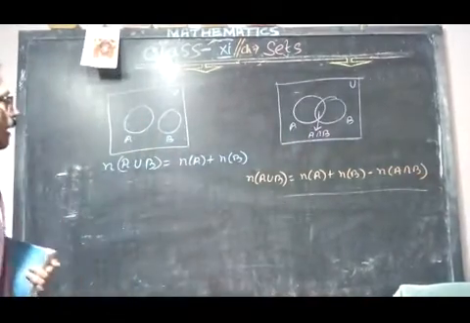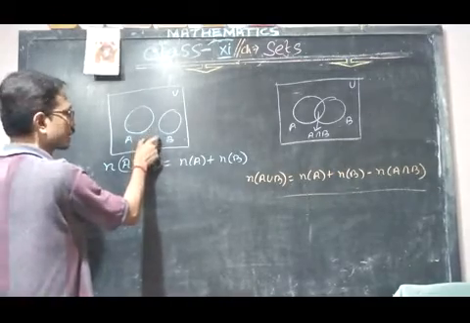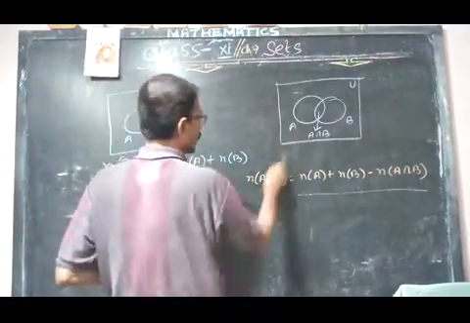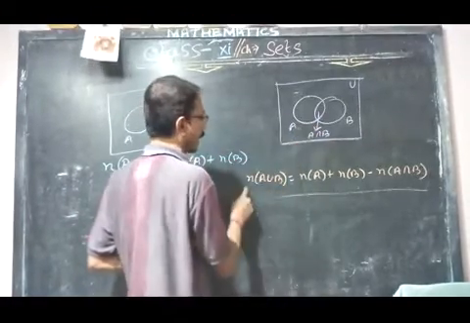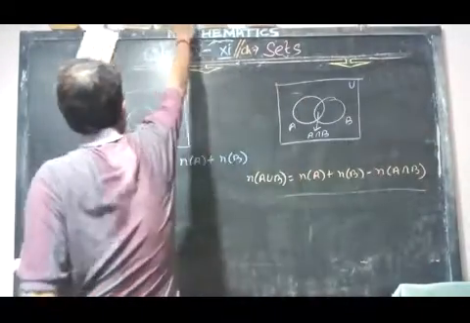If two sets are disjoint, then n(A union B) equals n(A) plus n(B), and if an intersection is present between the two sets, then n(A union B) equals n(A) plus n(B) minus n(A intersection B).